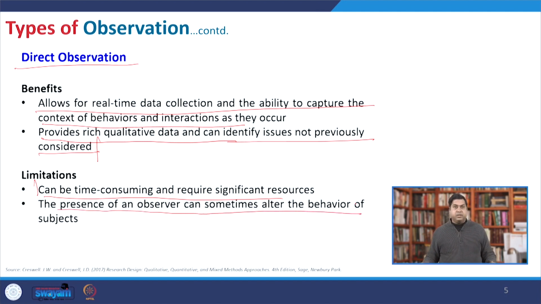behavior of the subject. You must have noticed this in many cases. Suppose there were certain issues from the traffic police and road safety point of view, and it was made mandatory that you should wear a helmet while you are driving or sitting along with the other person on a two-wheeler.